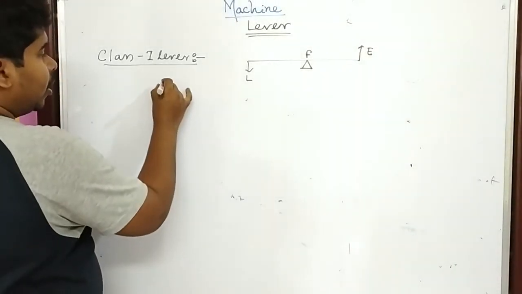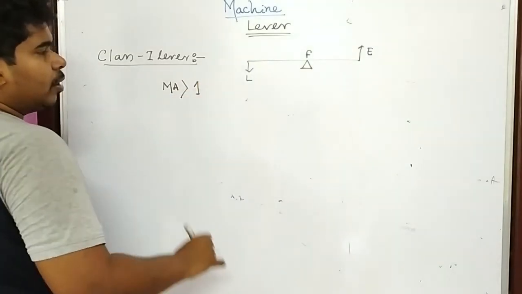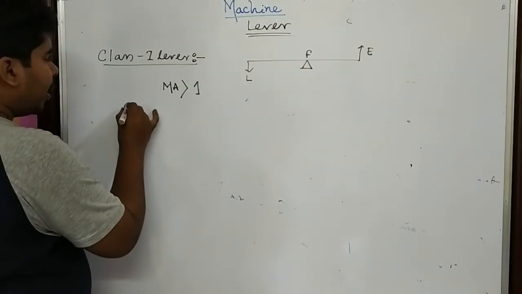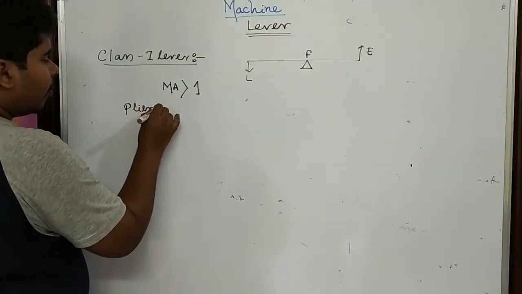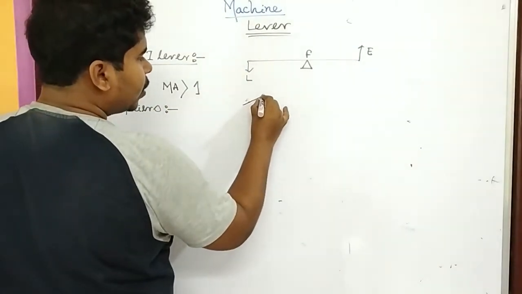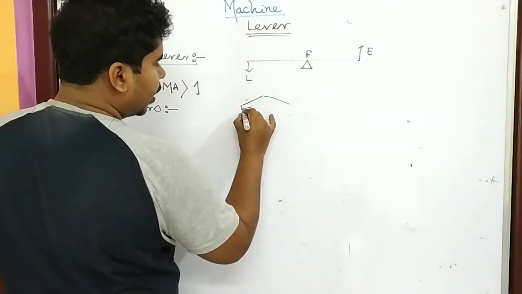That's why the mechanical advantage can be greater than 1. For which case is it greater than 1? Mechanical advantage is greater than 1 for pliers. What is a plier? You know, the instrument which is mainly used to cut wire.